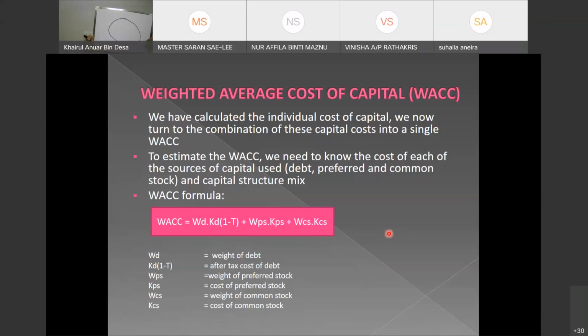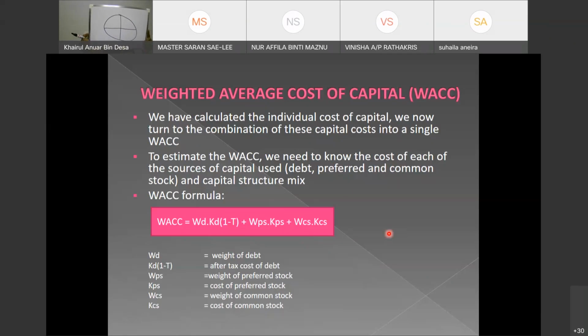Before now, I just introduced you to an example of capital structure. I just drew it like this.